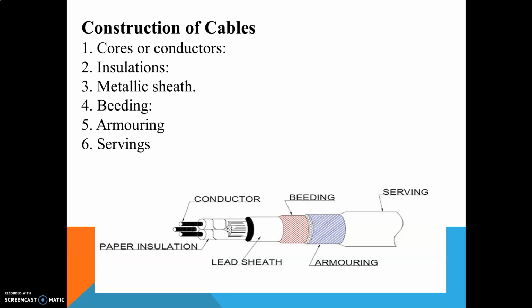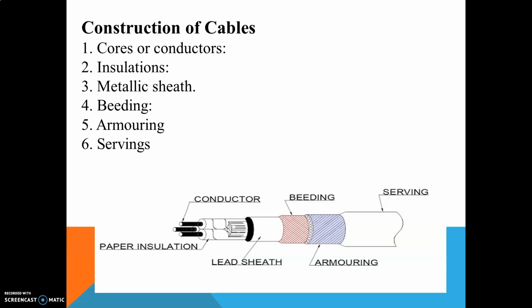Next is metallic sheath, also called lead sheath. The metal sheath, either of aluminium or generally lead, surrounds the insulation. This protects the conductor and insulation from moisture, acid, etc. Next layer is beading.